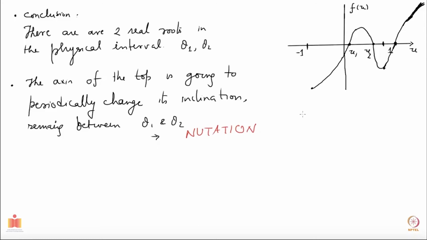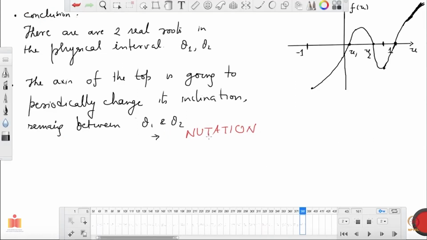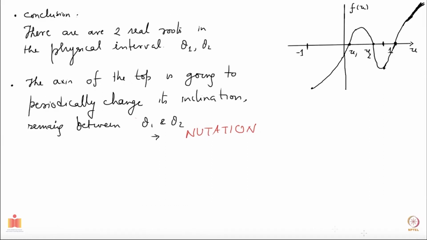Okay, and let's make some study of theta dot now. Azimuth. Inclination theta of the top, that's what we did. Let me write here itself, nutation. Okay, now we go. Maybe to the next page.